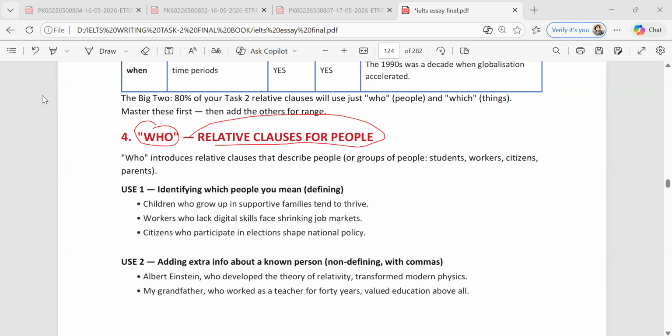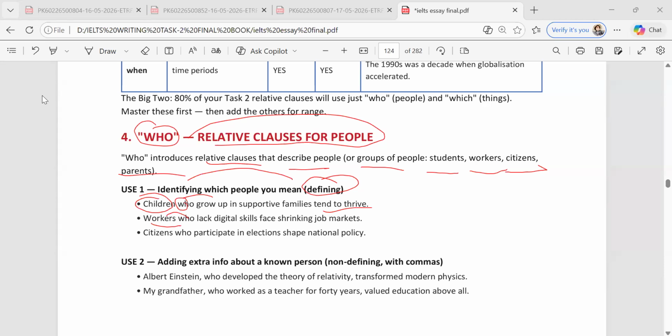Relative clause for people. Who introduces a relative clause that describes people: a group of people, students, workers, citizens, or parents. Anything related to people, we can use who. The first usage is for defining, identifying which people you mean. For example, children who grow up in supportive families tend to thrive.